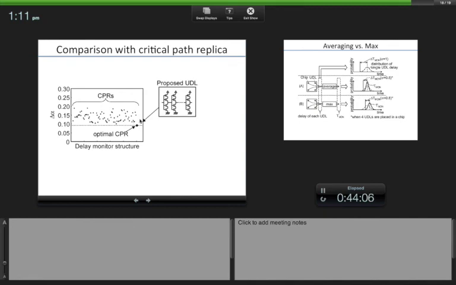Whereas the universal delay line seems to match well, without too much loss. So this is another study they do, to convince themselves that this is the right choice.